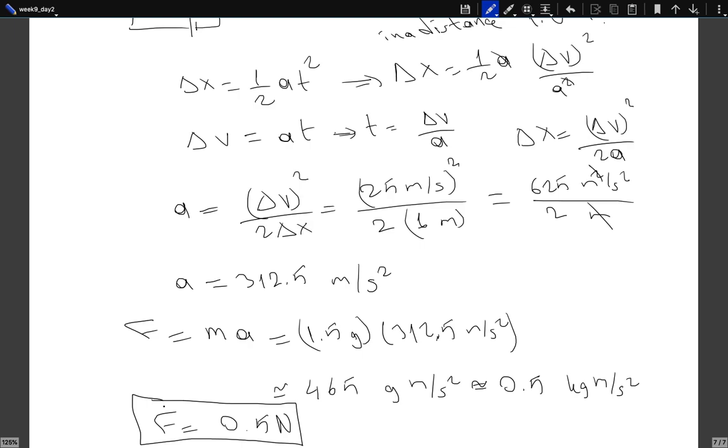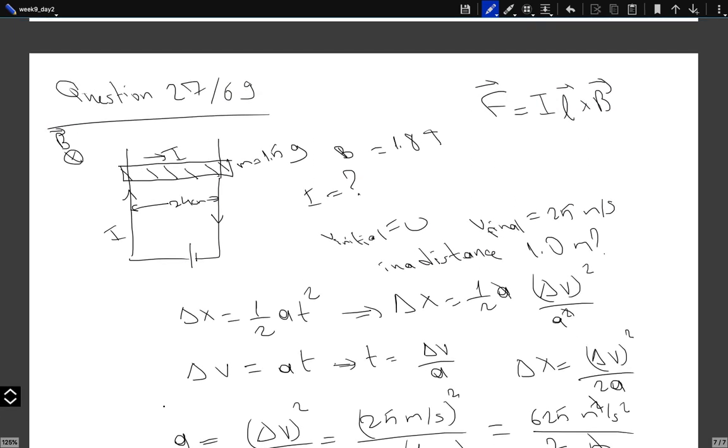Now comes the magnetic field. The force is I L cross B. Here the L is straight, B is uniform, so we can use that expression.